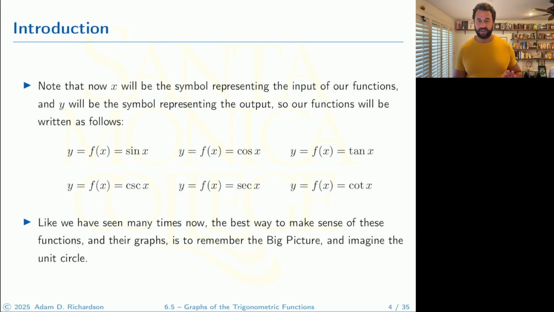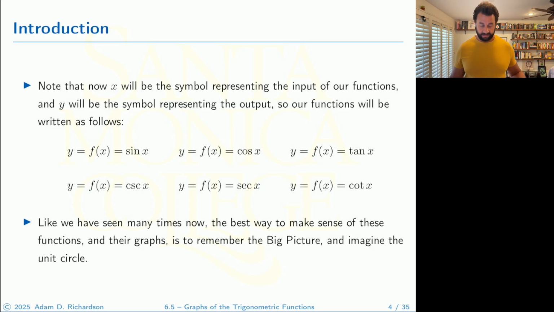So because of that, we're going to write our functions like so. So y equals f of x, which is sine of x instead of theta, cosine x, tangent x, cosecant x, secant x, cotangent x. That's all. The inputs are going to be on the x-axis, and the outputs are going to be on the y-axis. That's all I'm trying to say here.